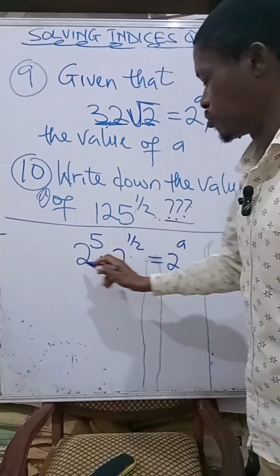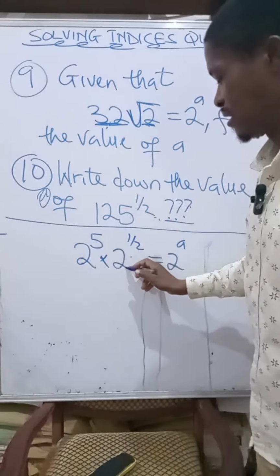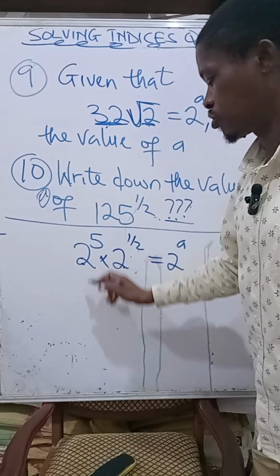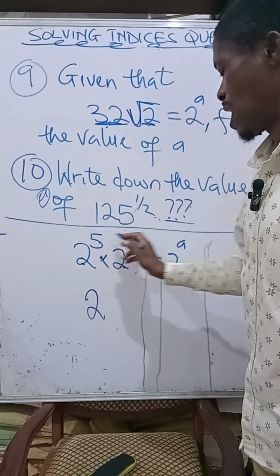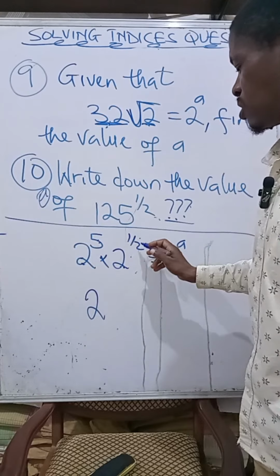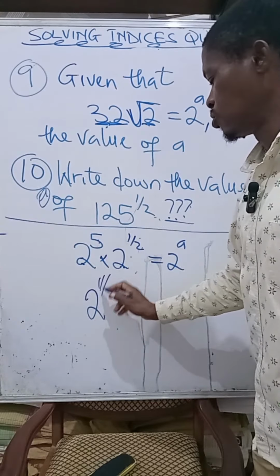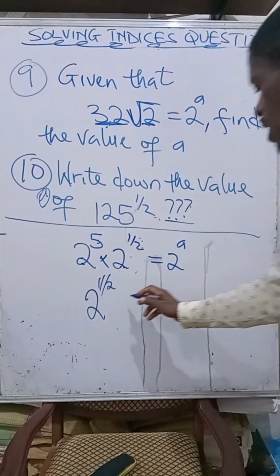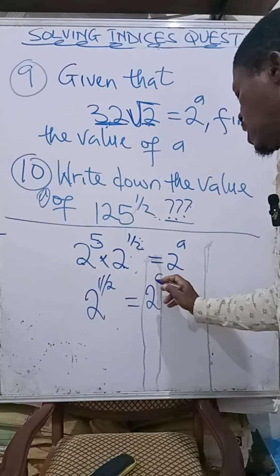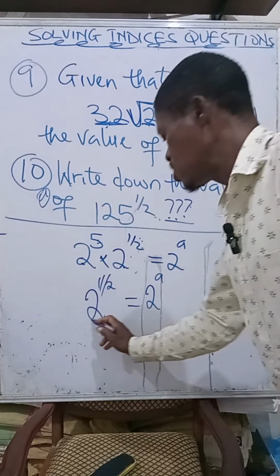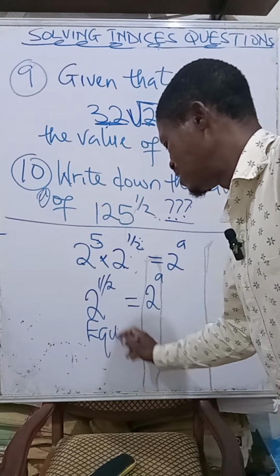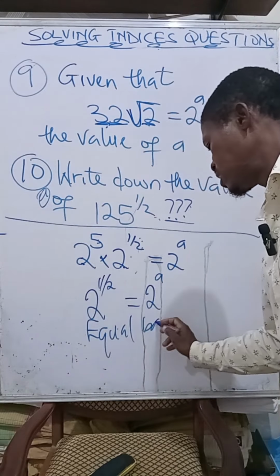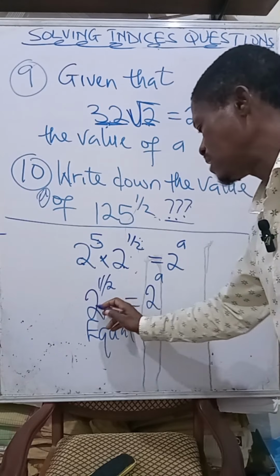Now combine this together to be one entity. Base 2, base 2. You pick one of the bases, then you add the powers together, which will be what? 11 over 2. That's 5 plus half is 11 over 2. Okay, and that's equal to 2 to the power a. So this is what we call equal bases.